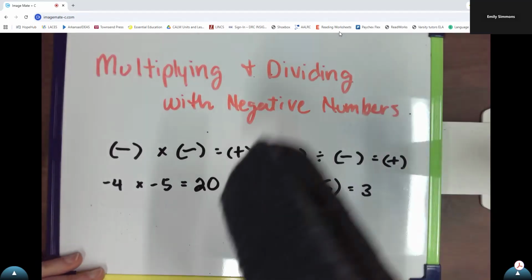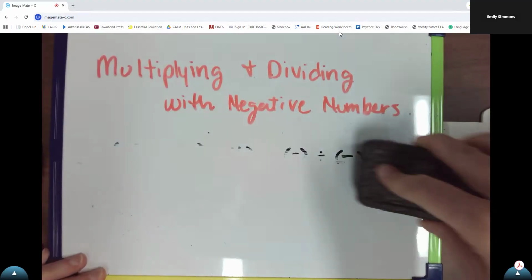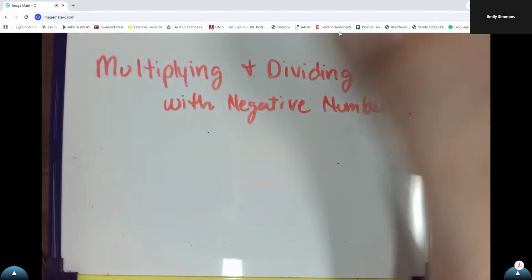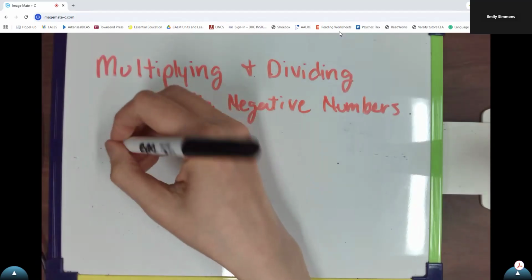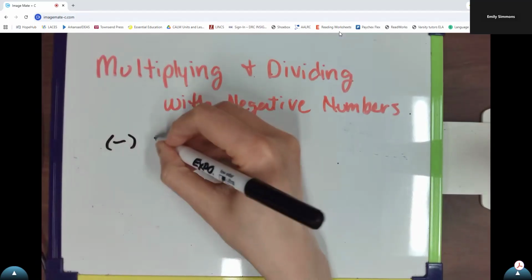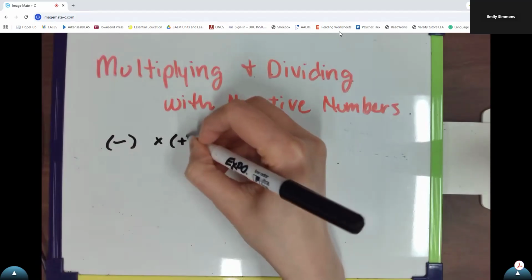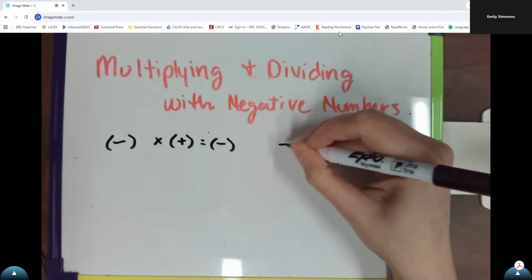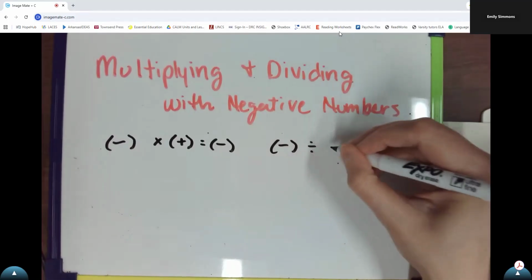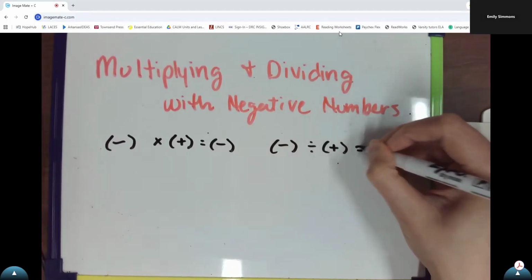If I have different signs between my two numbers, I get a negative answer. So if I had negative times a positive, I get a negative answer. Or if I had negative divided by a positive, I get a negative answer.